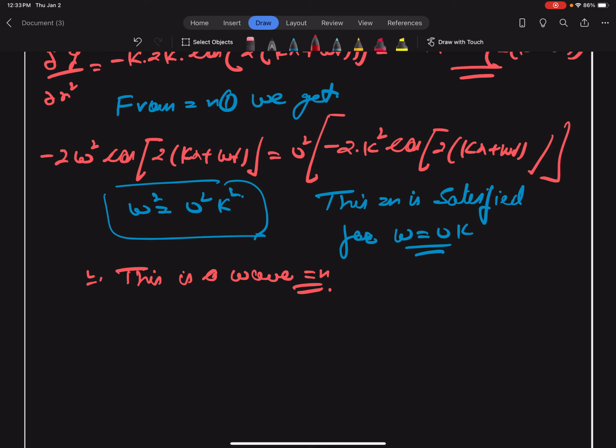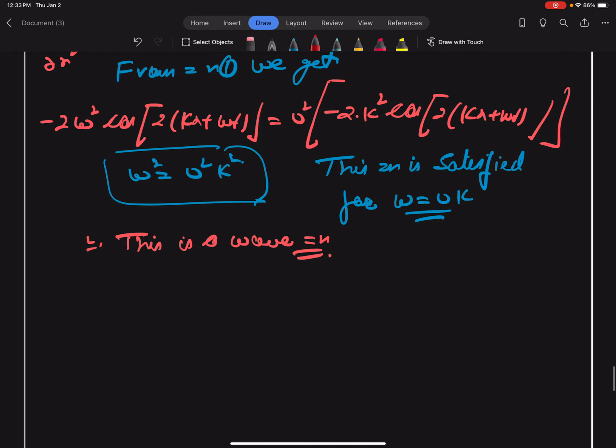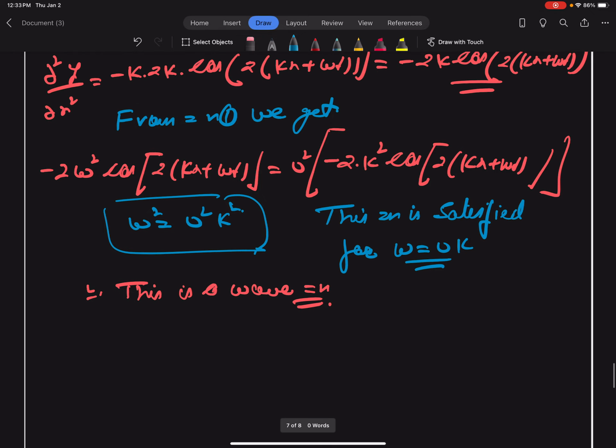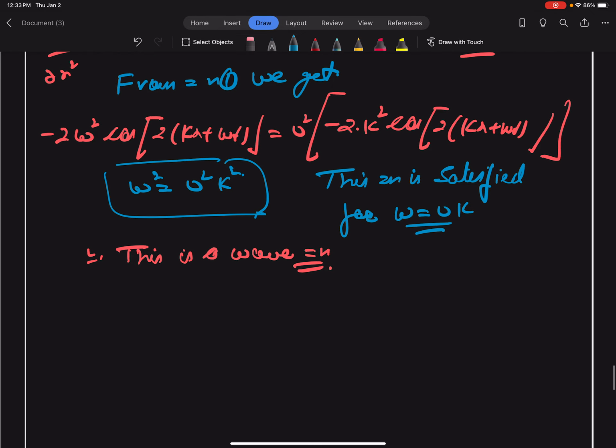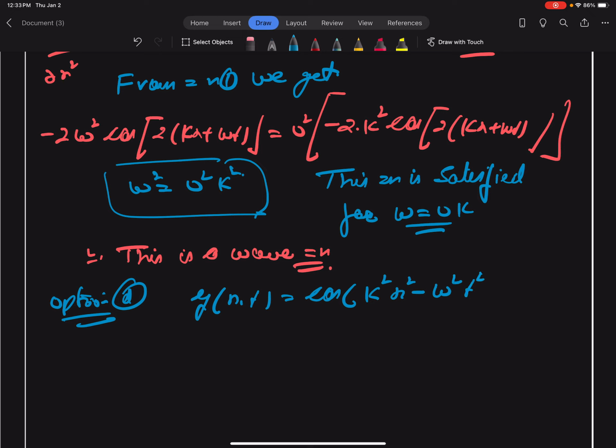Now we come to the part D, that is the last part. So we have option D, and here we are given that y of x,t is equal to cos of k square x square minus omega square t square.